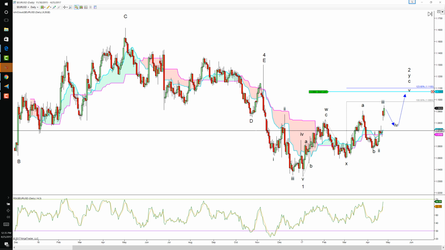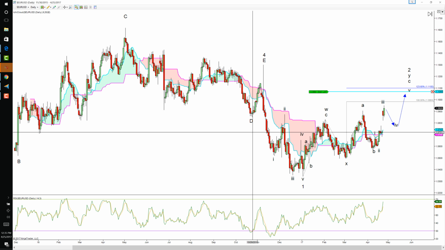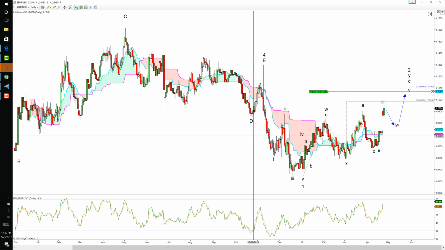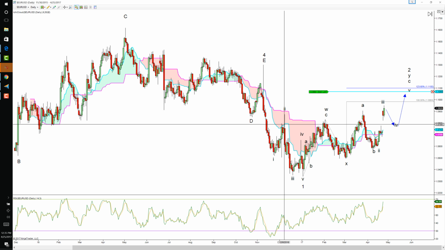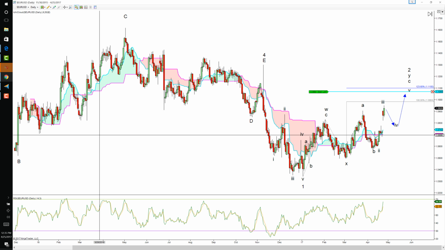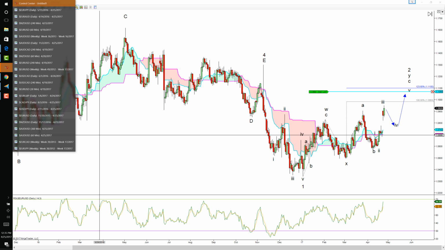Another good way to look at it is that normally when the euro goes up, the dollar part of it goes down, I believe. So if you look at this, I took a trade on the dollar yen. Where are we at? Let's see.